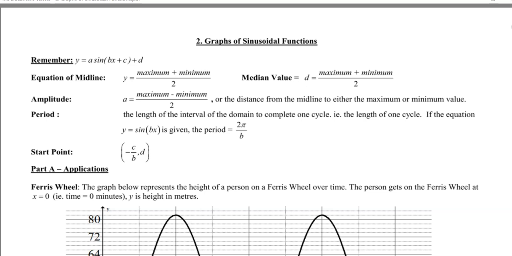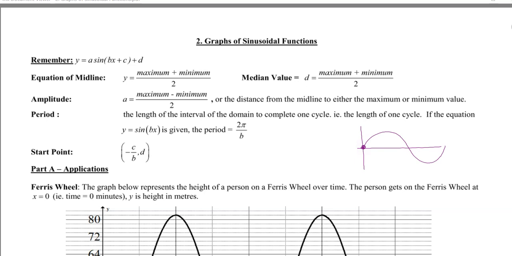Now, the start point, which we will talk about as we go through. If you've got the equation y = a sin(b(x + c)) + d, you can get the start point by going negative c divided by b, comma d. The definition for the start point of a sinusoidal function is where the curve intersects the midline and first starts going up.